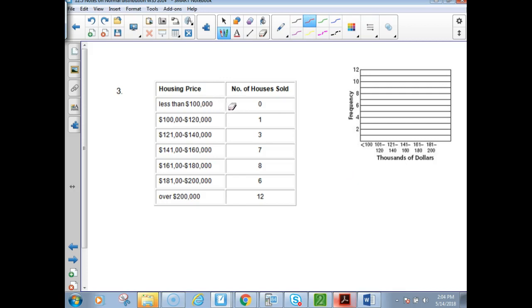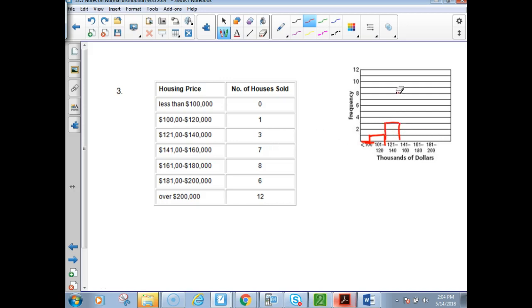Okay, let's make another bar graph. How many houses were sold for less than 100,000? Well, for this group, it was 0. But at least you can see the categories down here. From 100,000 to 120,000, there's 1. Okay, and then the next category's got 3 homes sold.